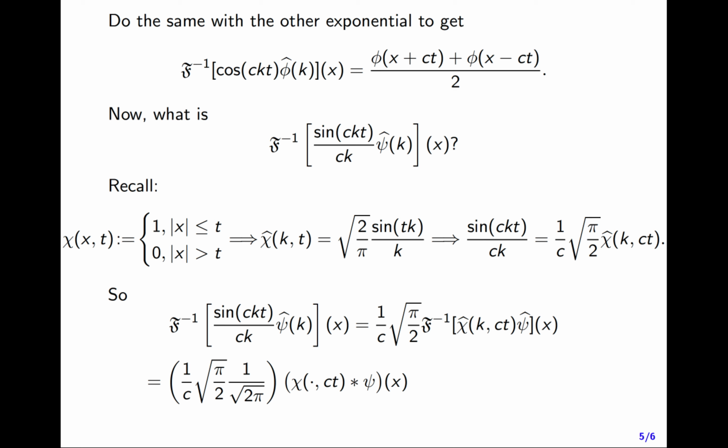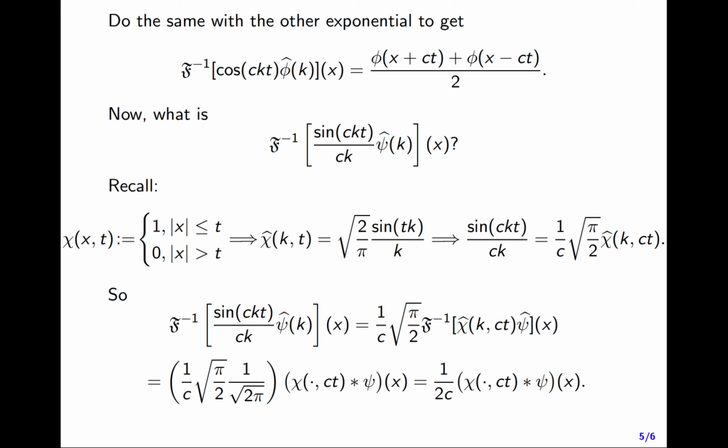I have to multiply in a new factor of 1 over root 2 pi. And then the inverse transform of chi hat times psi hat is chi convolved with psi evaluated at x. And if I multiply through the constants a little, this becomes 1 over 2c times chi convolved with psi.